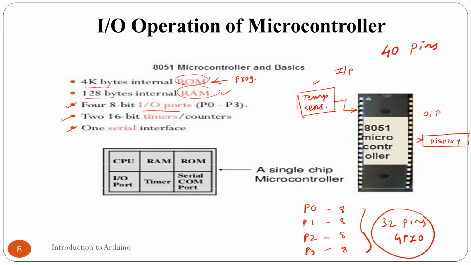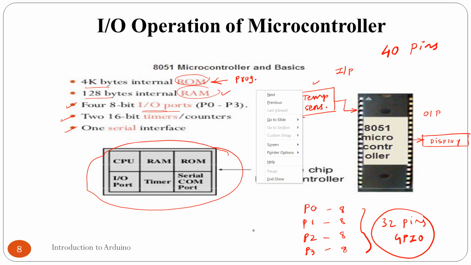And it has one serial interface for serial communication. So this is the microcontroller block diagram we have already studied. In this slide I explained the basics of the 8051 microcontroller, as well as the basic concepts of IO operation.